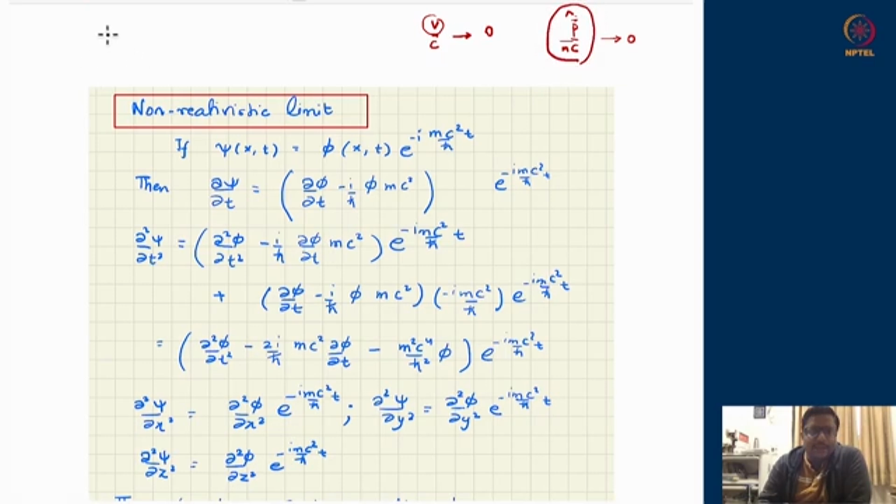Remember, the Klein-Gordon equation which we had written down is a manifestation of the statement that E squared upon c squared minus p squared is equal to m naught squared c squared. Sorry, there should not be c squared in the second term, so there is just p squared. Now if I divide everything by m naught squared c squared, the rest mass term, I will get 1 here, and the other terms carry p squared over m naught squared c squared and E squared over m naught squared c to the power 4.